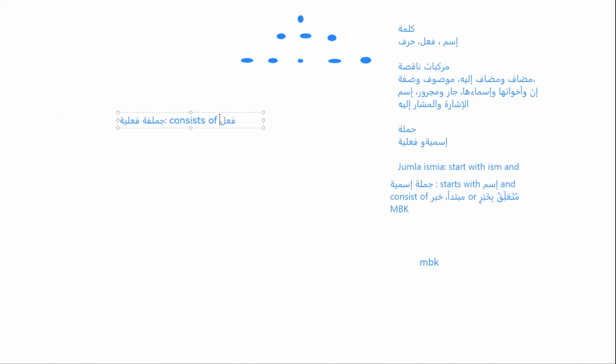Consists of fi'l, fa'il and maf'ul. Yes, very good. Or if you don't have maf'ul, sometimes you have what? Muta'alliqun bi fi'l, MBF. Yes, correct.